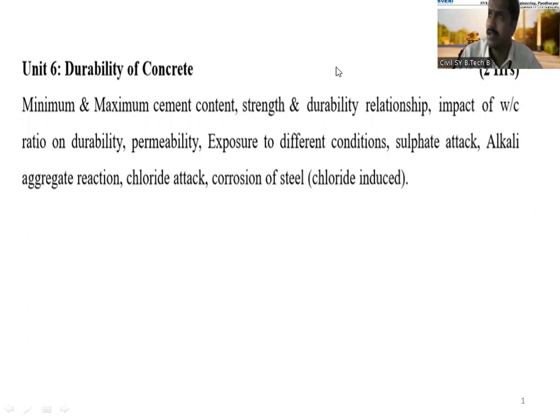If you construct a flexible pavement, the design life is 10 to 12 years. And what scenario do you see nowadays? Whether it will last at least a year in good condition? No.